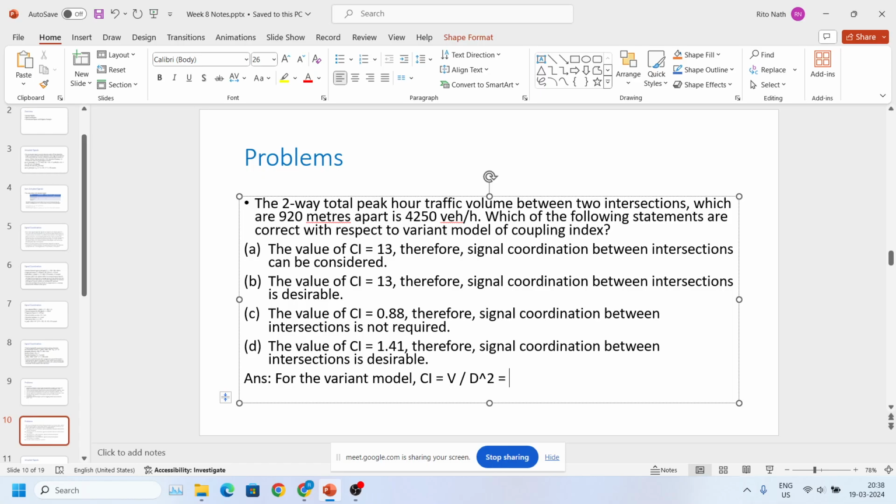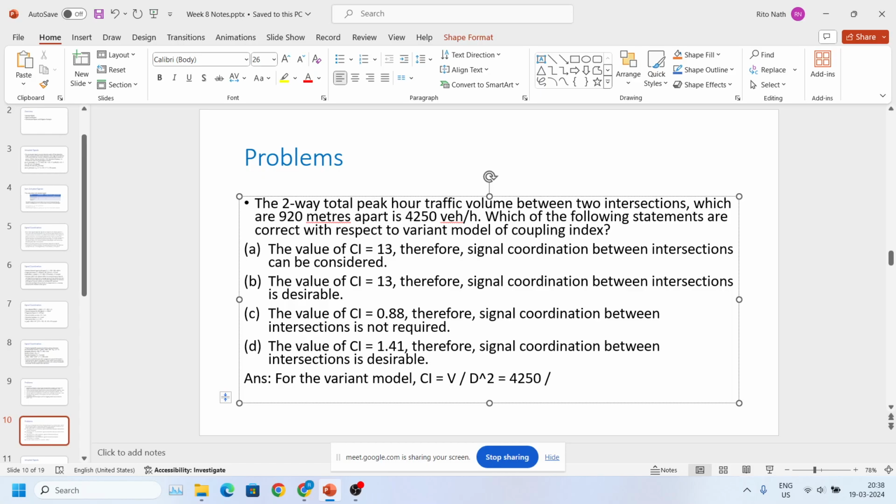V is 4250, so that's the volume, and you have this D, which is 920 meters, but I think you have to convert it.